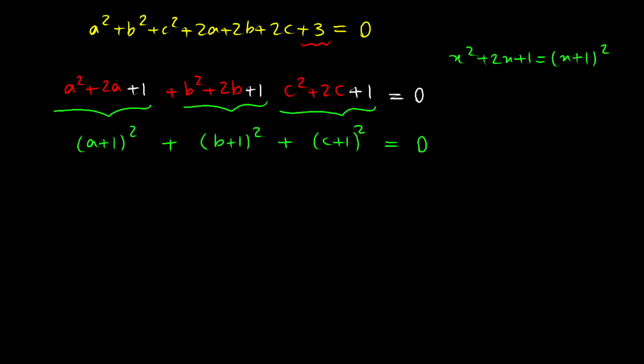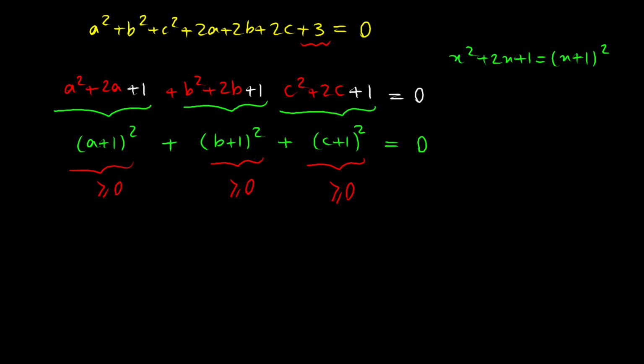And notice that this is non-negative, as well as this one and this one. Therefore, we have three non-negative numbers that add up to 0. So because of that, all of these three numbers have to be equal to 0, because if even one of them was positive, then the sum would have been positive as well, but it's not.